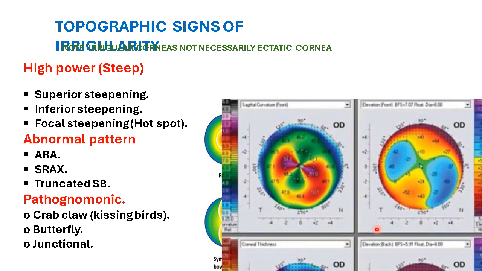However, in keratoconus-like pellucid marginal degeneration, usually there is no pill sign. So these are the common abnormal topographic signs of irregular corneas in the form of the power or the shape of the cornea.